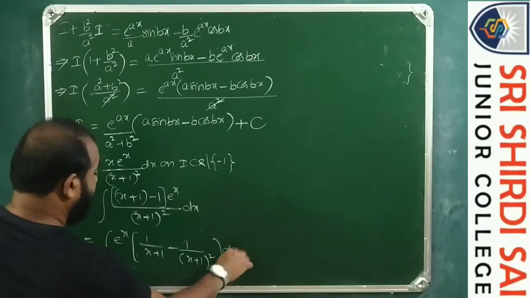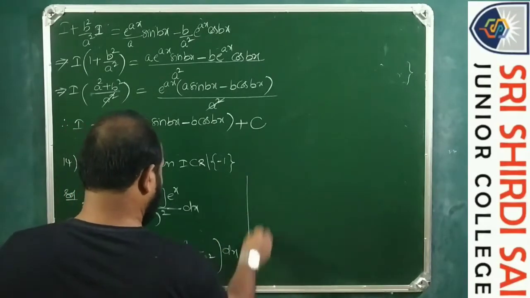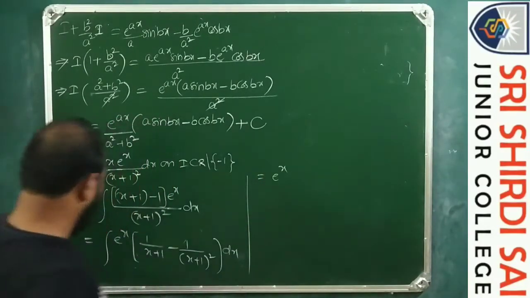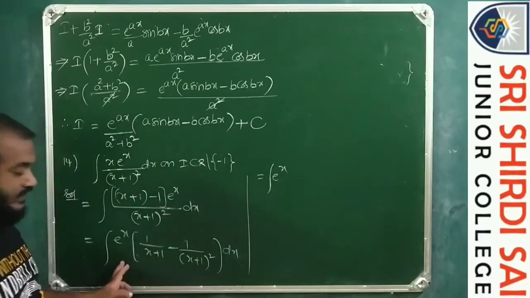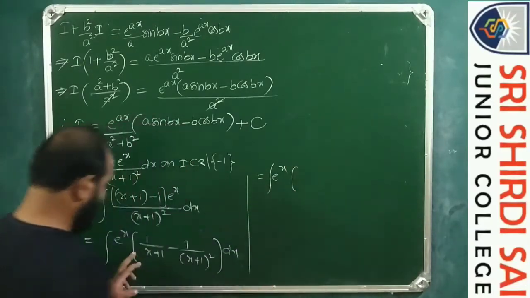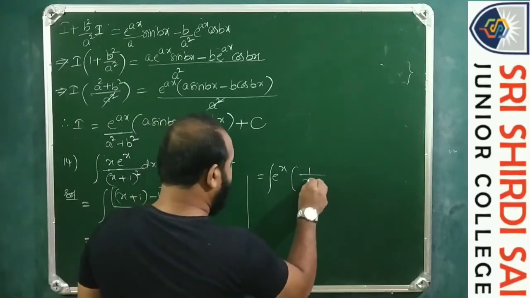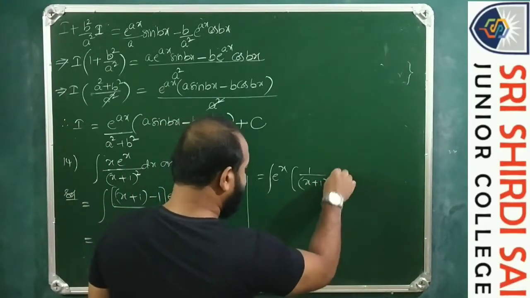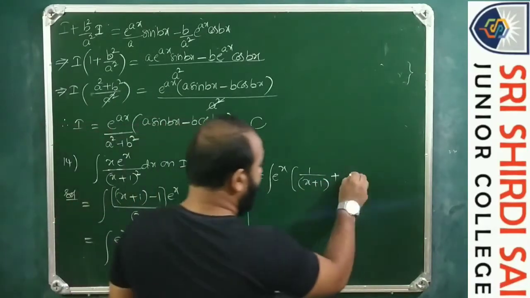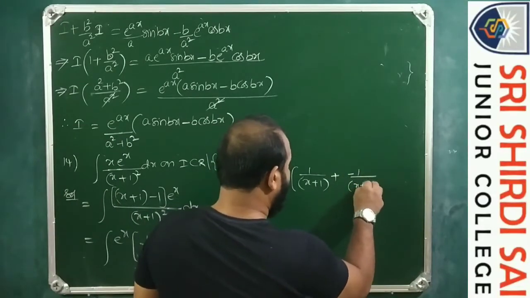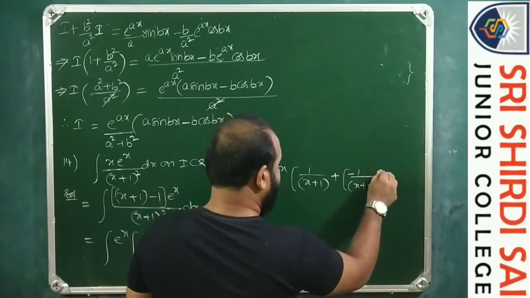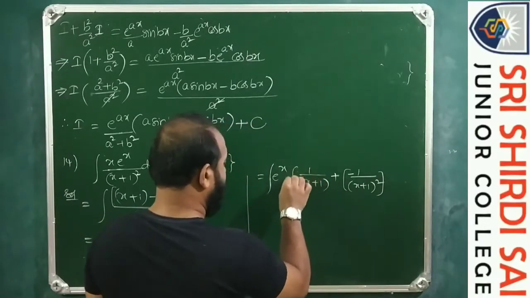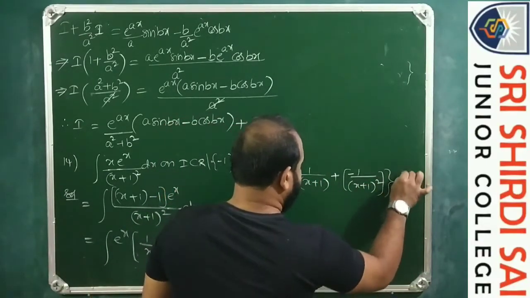dx. This is equals to integral e power x into 1 by x plus 1 plus minus 1 by x plus 1 whole square dx.